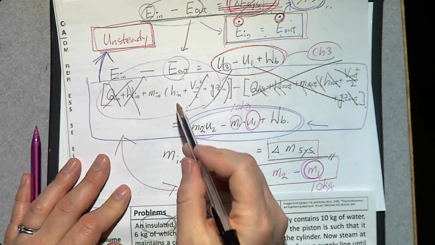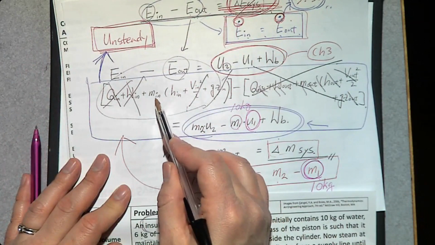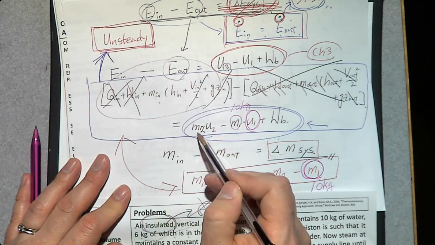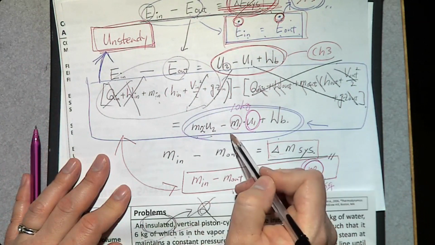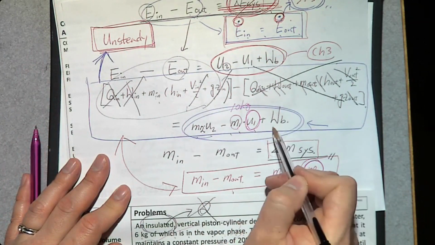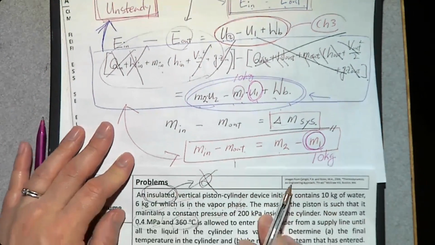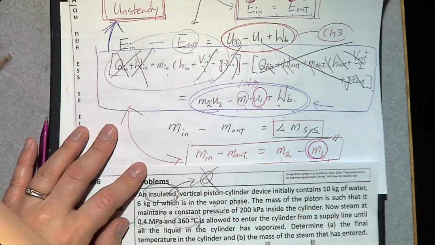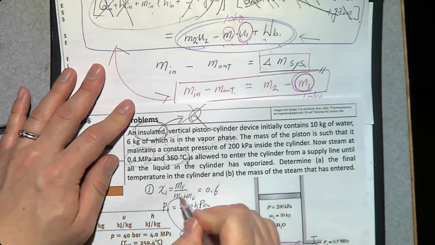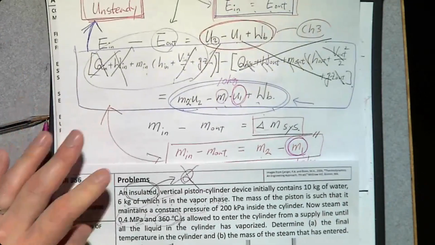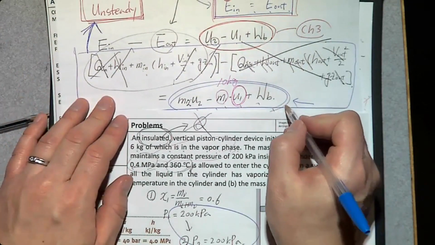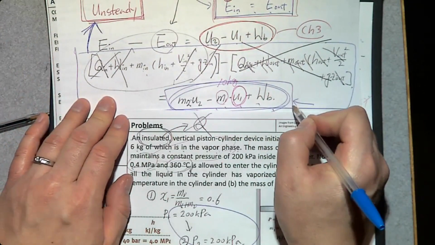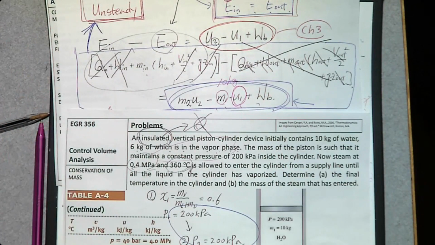So what do we have? M in, H in is going to be M2 U2 minus M1 U1 plus moving boundary work. But this is a constant pressure process. Do you remember what is the right-hand side of this energy balance equation when we have a constant pressure process?